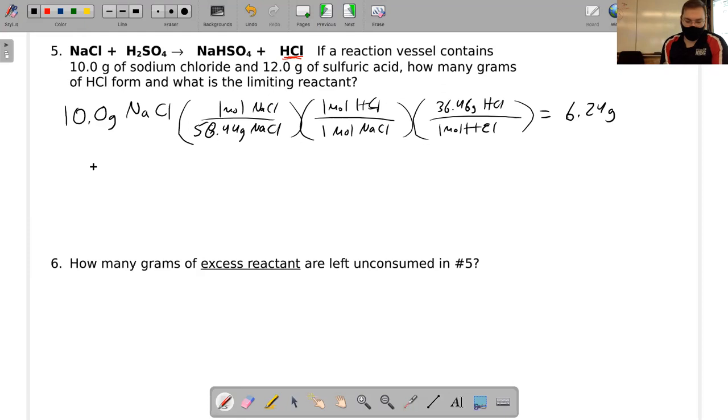And then what if you have 12 grams of sulfuric acid? So once again, you take the mass of sulfuric, the H2SO4, and usually that's a solution, and we'll deal with how that works. But for now, just that it's a mass of H2SO4. You got 2.02 for the H. Sulfur is 32.07. And then 4 oxygens, 98.09.